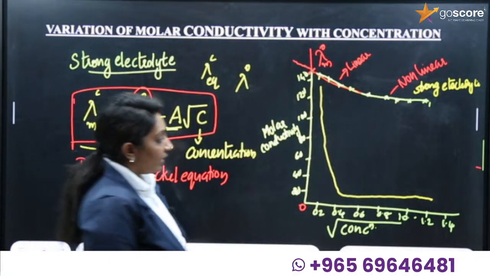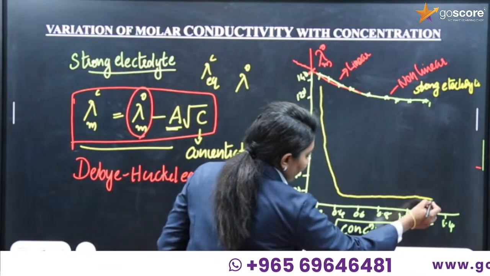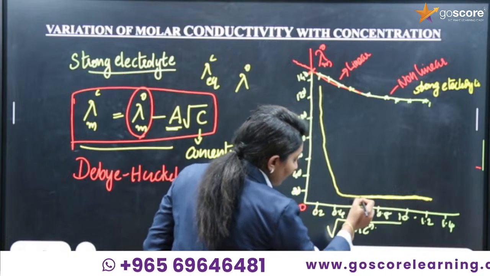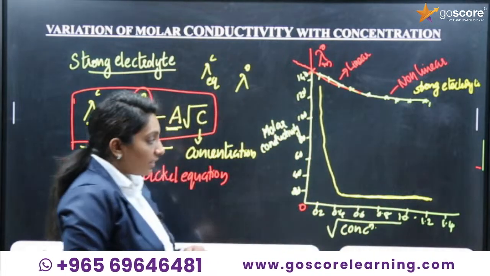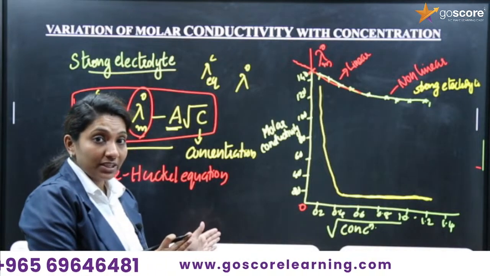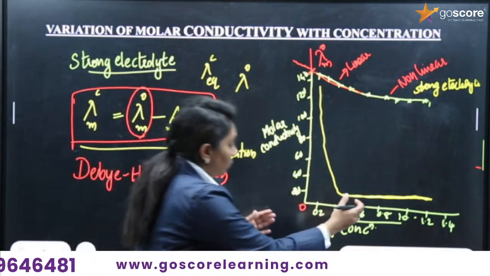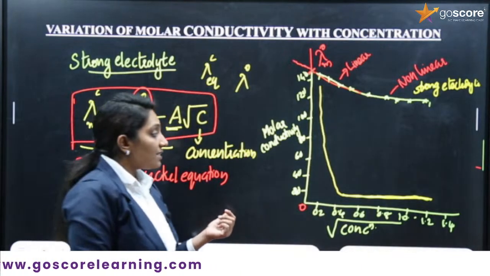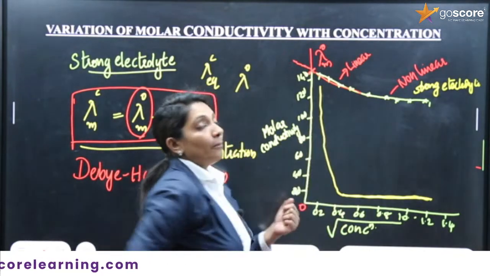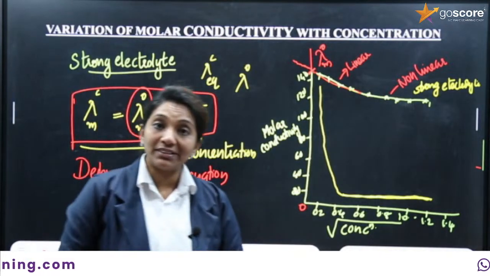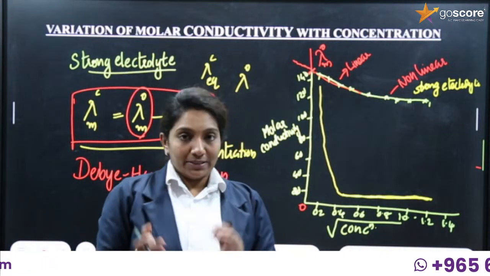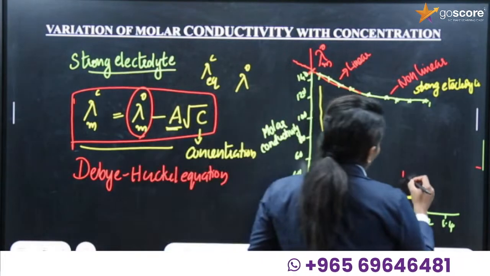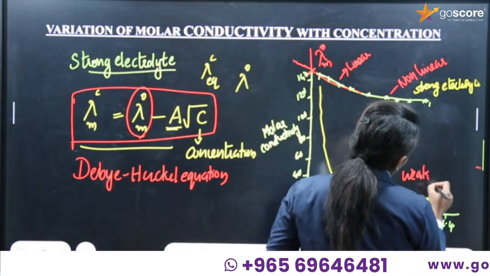Initially there was not enough change in the molar conductance, but on further dilution, there is a sharp increase in the molar conductivity. What may be the reason for that? This is what we represent for the weak electrolyte, right?